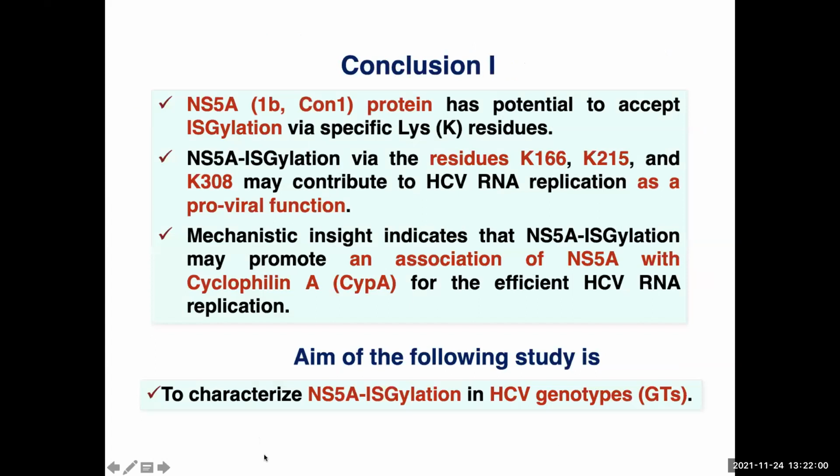So here is one conclusion: HCV 1B NS5A protein can accept isolation at several lysine residues, and lysine 166, 215, and 308 are important for HCV RNA replication and function as a proviral factor.